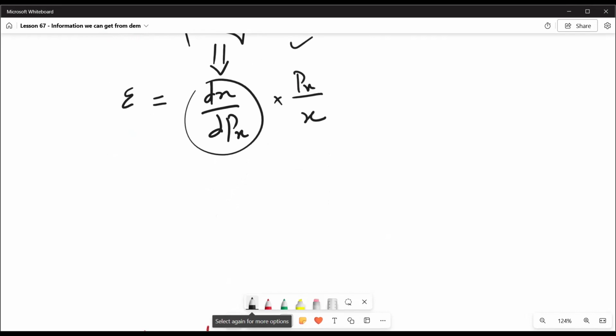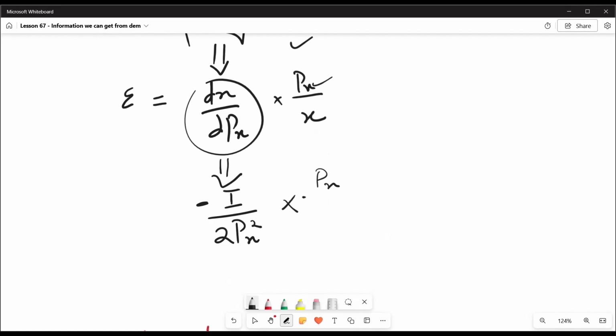Now let's put all of these things together. So we already saw when we were looking at the law of demand that whenever you differentiate X with respect to Px, given the demand function above, you're going to get minus I over 2Px squared. And then we're going to multiply this by Px divided by X, which is the demand function.